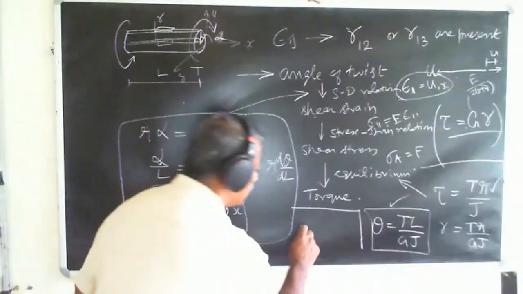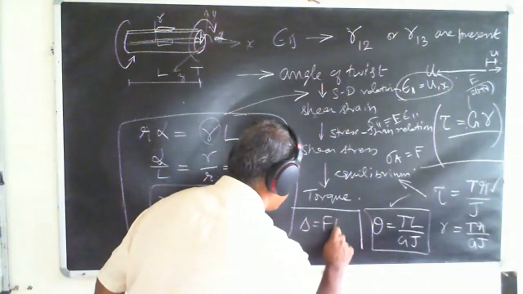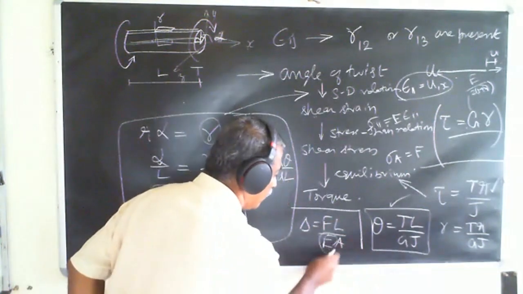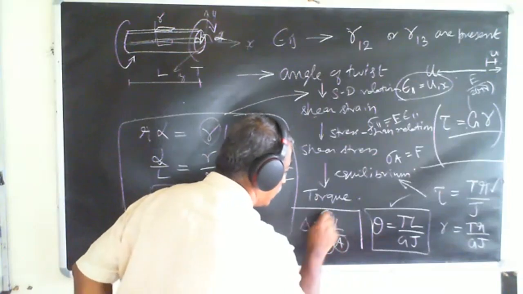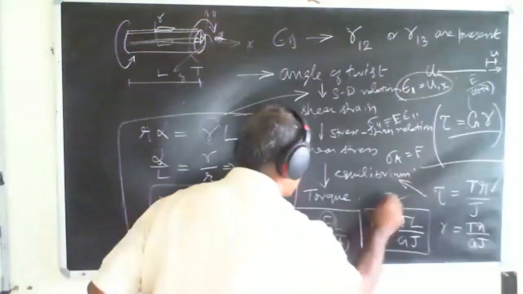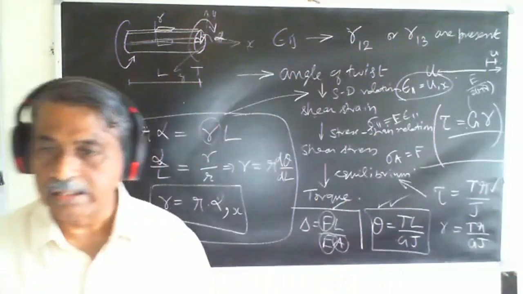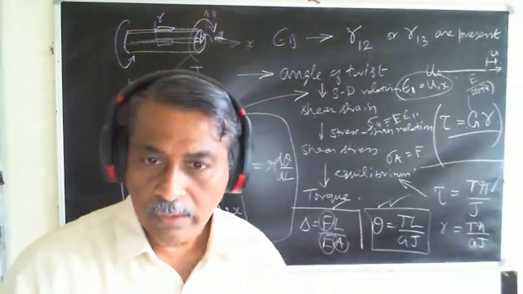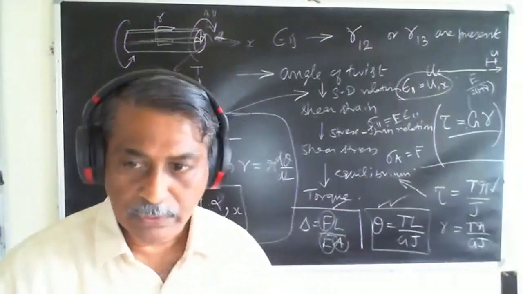So instead of delta is equal to FL by EA, we can replace these by appropriate quantities to get this. So there is a similarity or analogy that we see between these two. So far so good. Very simple, absolutely no problem.